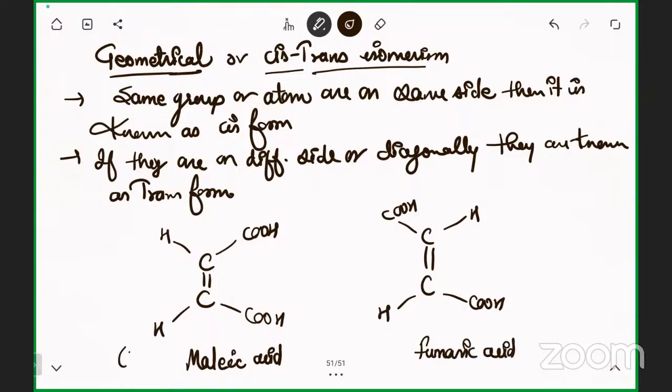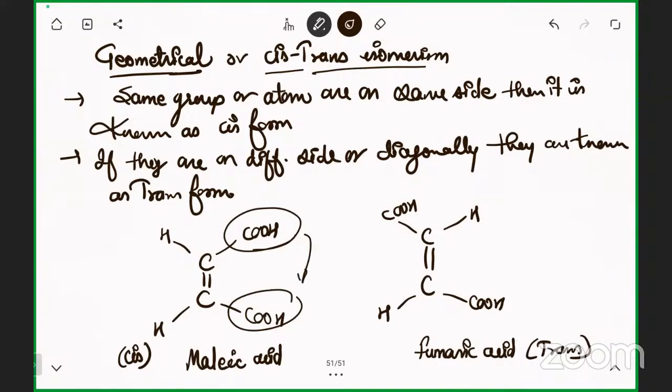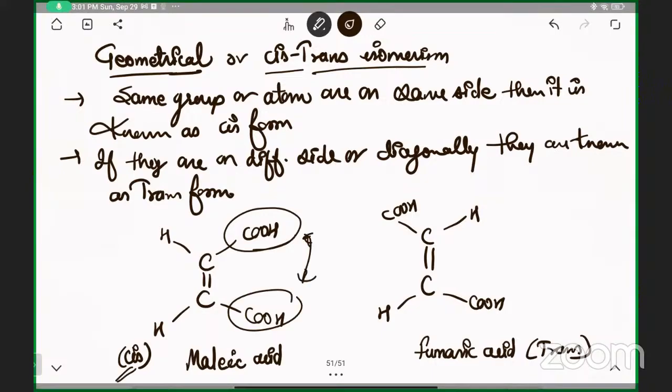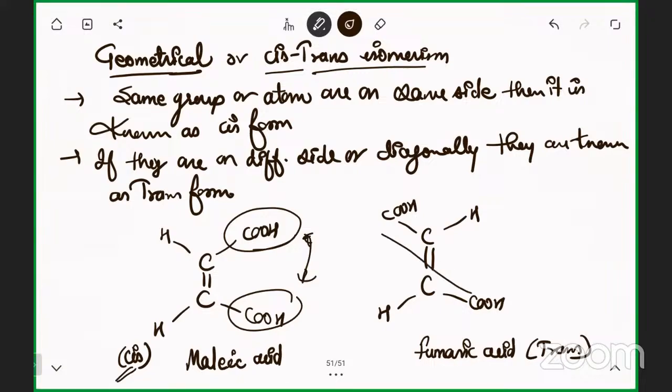If you see, this is cis form and this is trans form. Why am I saying this is cis and trans? By the above definition, you can see both the groups are on the same side, so they are known as cis form. These both are diagonal to each other, not on the same side, so they are known as trans form. Clear?